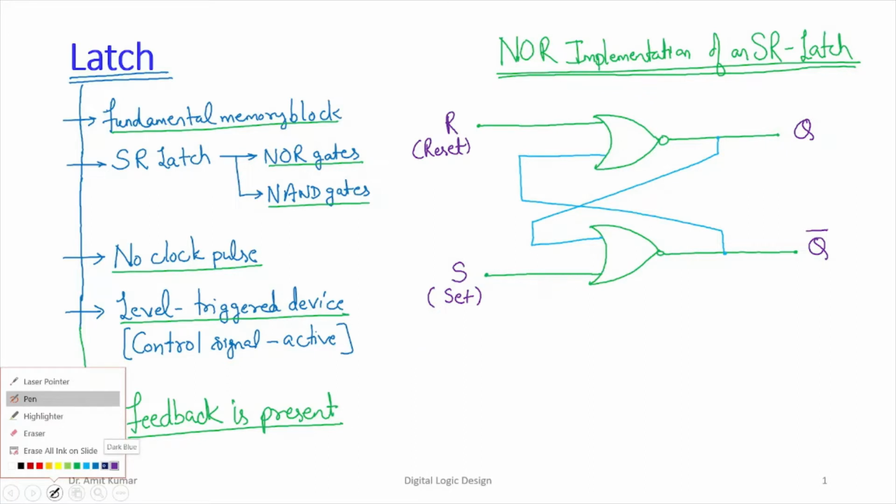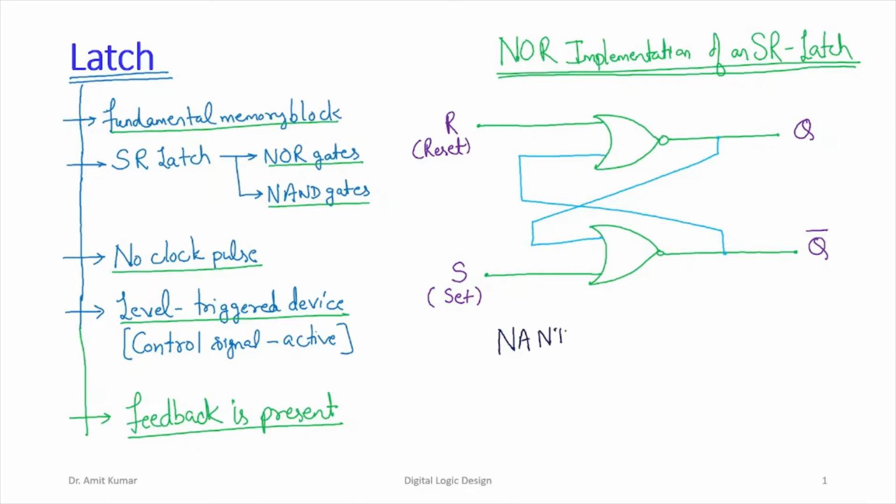Next, if we look at the NAND implementation of an SR latch, again we can understand it like this. There are going to be two NAND gates.